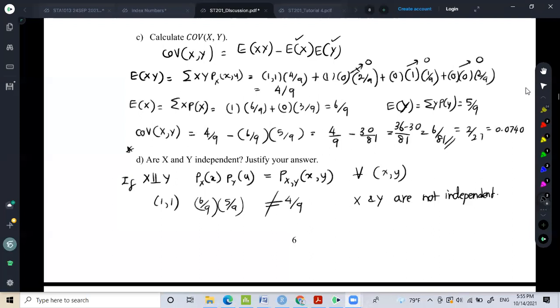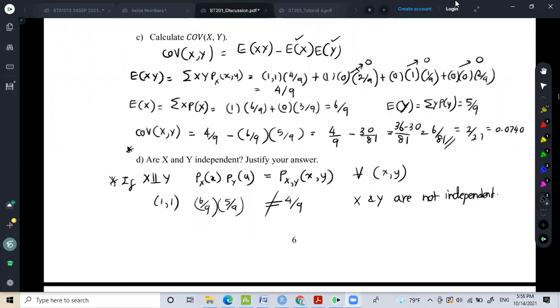But proving that the marginal product is not equal to the joint density is the best way to show independence. Because, say for example, in part C you got 0, and mistakenly you said, because the covariance is 0, X and Y are independent. Can you say that? No. Remember, when two random variables are independent, the covariance is 0.